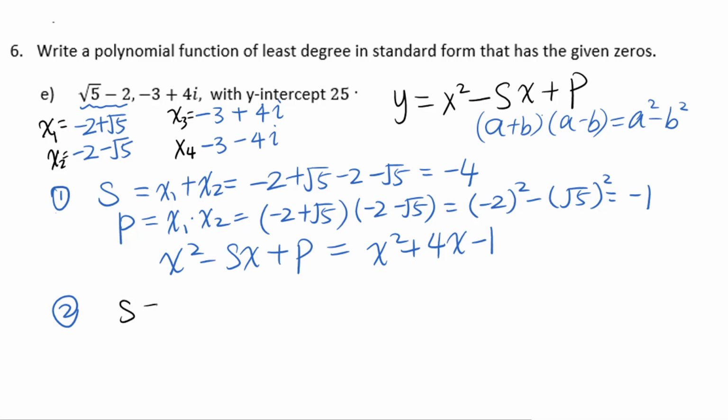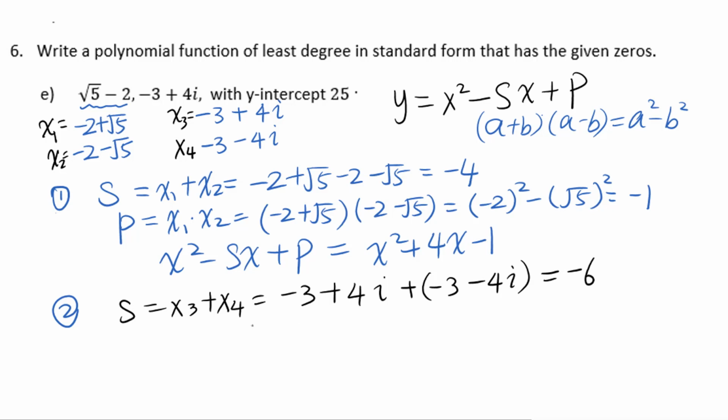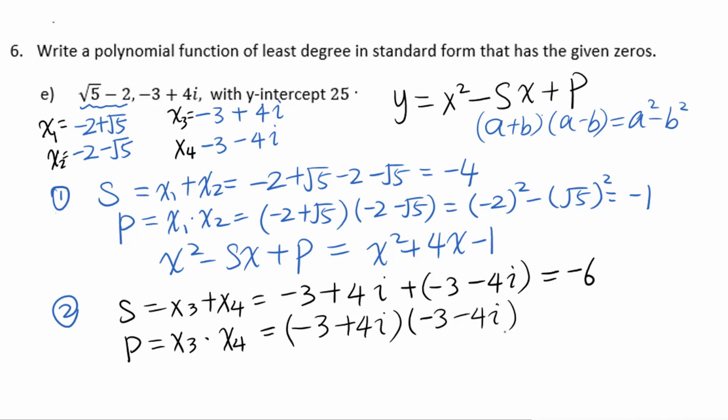assume s equals x3 plus x4 equals negative 3 plus 4i plus negative 3 minus 4i equals negative 6. P equals x3 times x4 equals negative 3 plus 4i times negative 3 minus 4i.